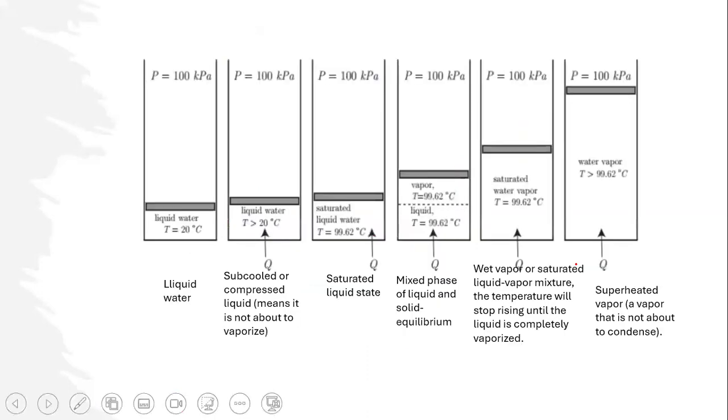And therefore, when the temperature is greater than this, now we have the superheated vapor, a vapor that is not about to condense. Meaning this vapor is far from condensing. Why? Because we call it a superheated vapor, meaning these gaseous molecules won't be able to form liquid once more and condense. So that's what it actually means.